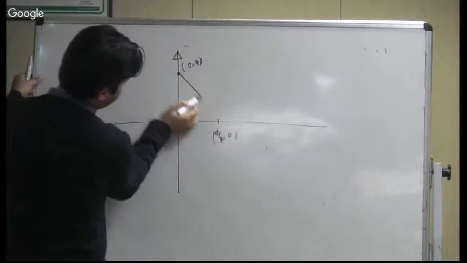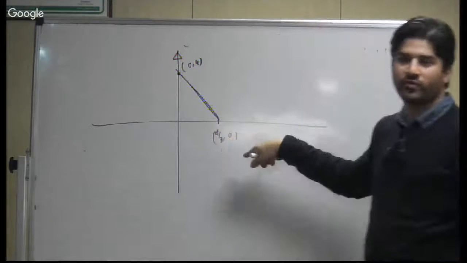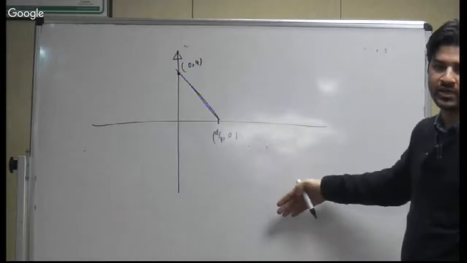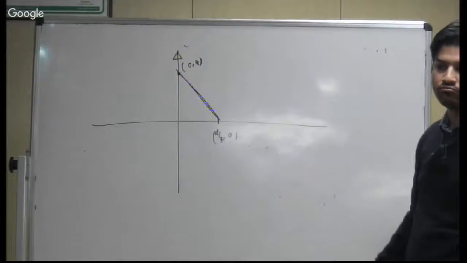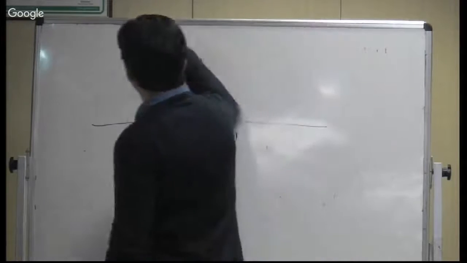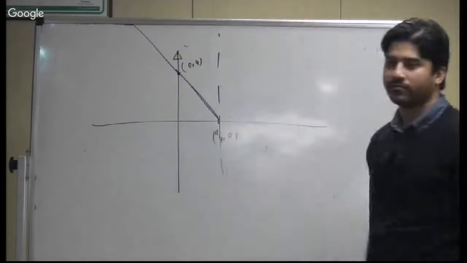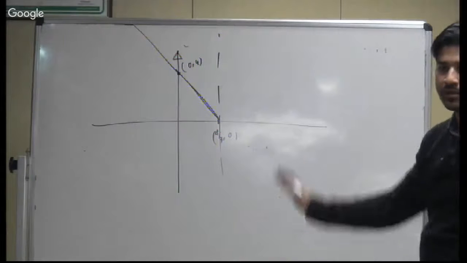So this is my line. It cannot go below because we have to find the square root part. So whatever we see below, I'm just going to wipe it off. So this is my curve, right? Here we have nothing. Okay, the domain is nothing here.